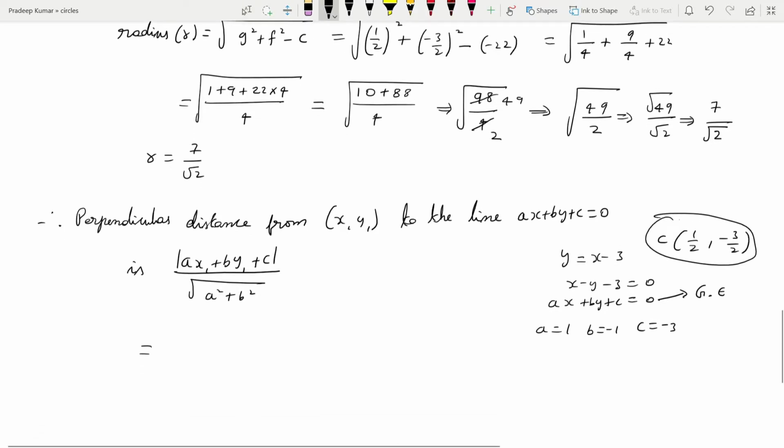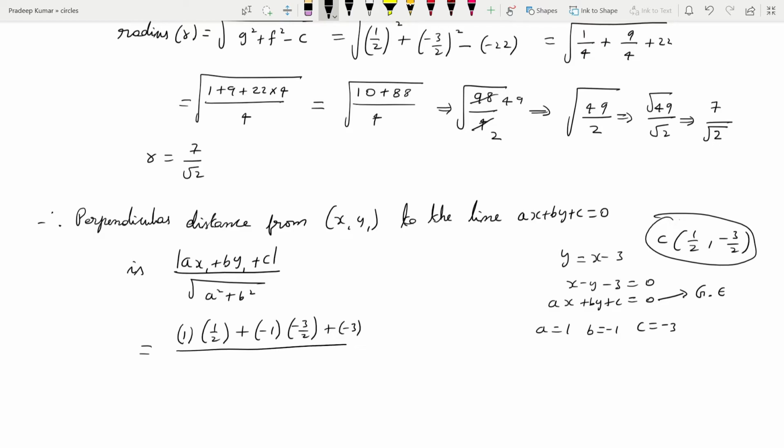Now the a value is 1, and the x value is 1 by 2, whereas the b value is minus 1, and y is minus 3 by 2, whereas the c value is minus 3, whole by, now I can write, under root of a is 1 square plus b is minus 1 square.